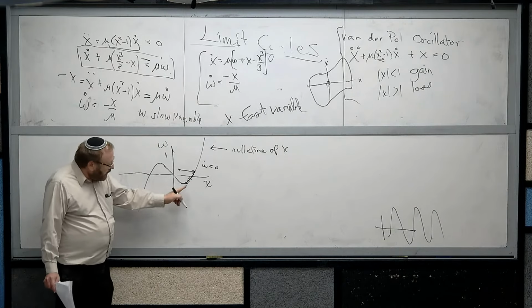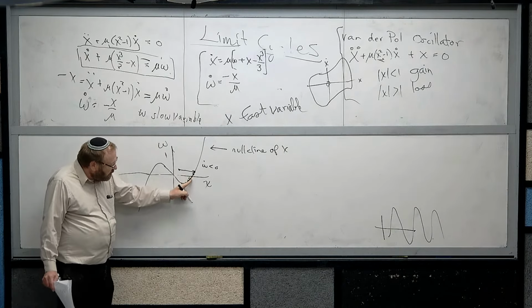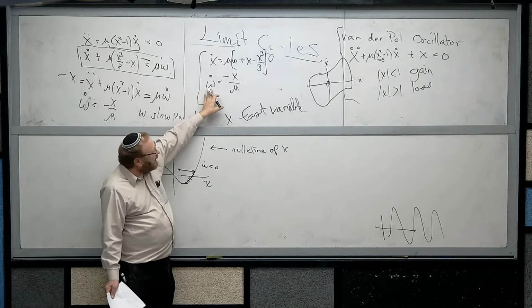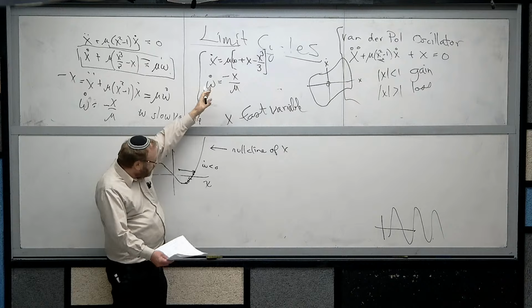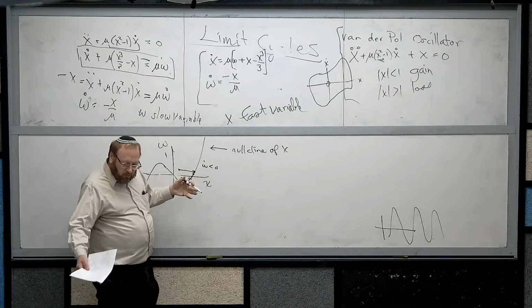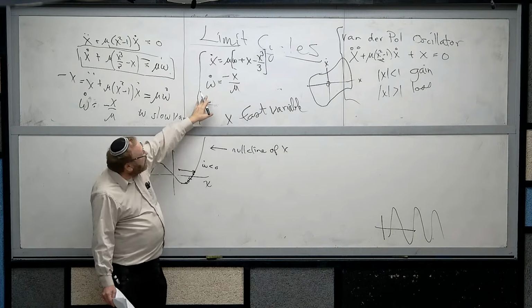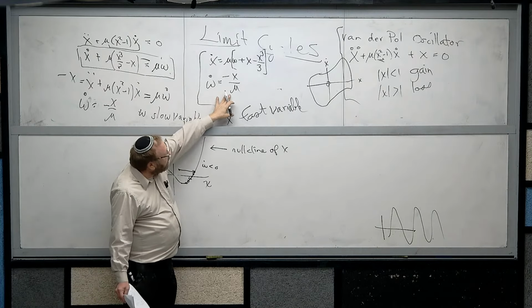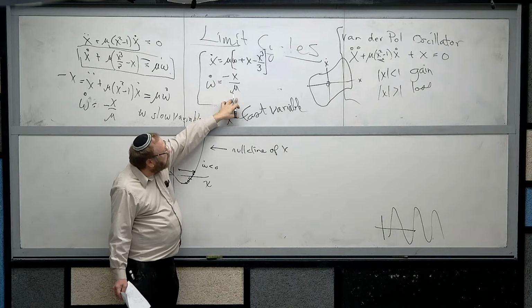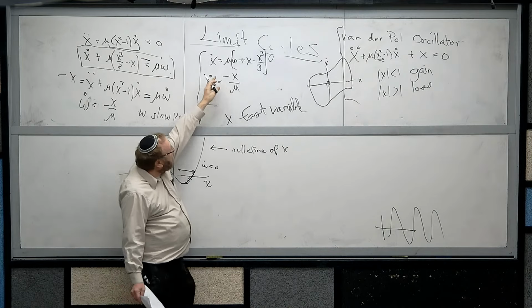Now you go slowly, slowly, slowly. Omega is changing. We know how big omega dot is. Omega dot is normal size, and x is normal size. X's we'll see are 1, 2, whatever. Omega dot is 1 over mu, and now x is slaved.